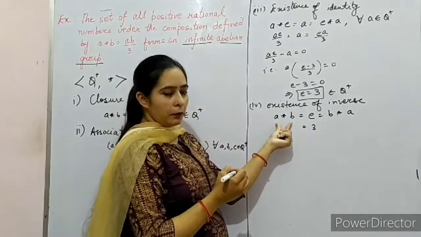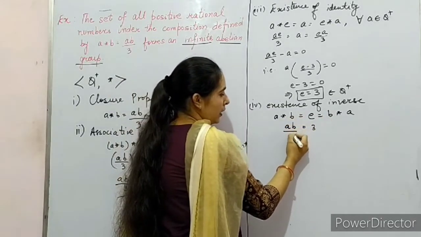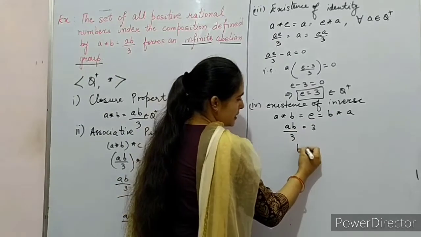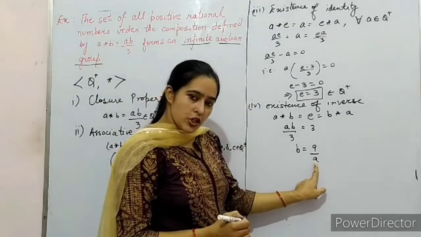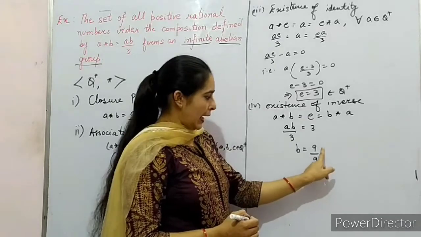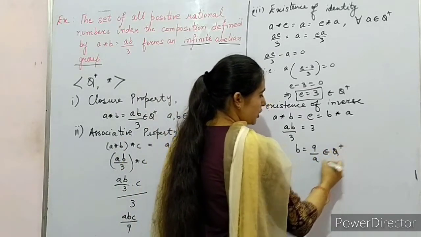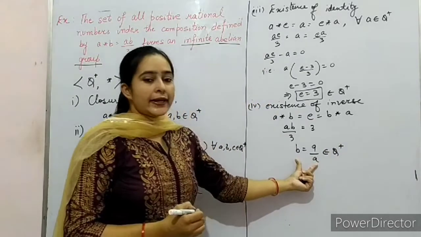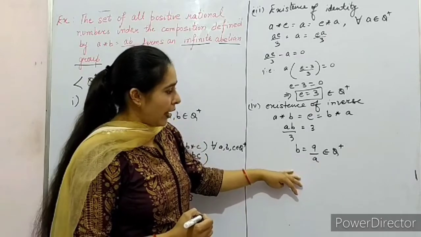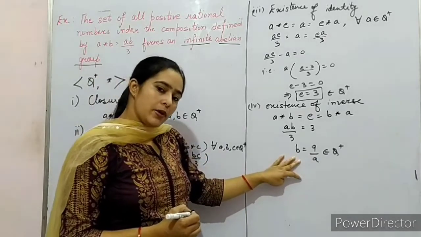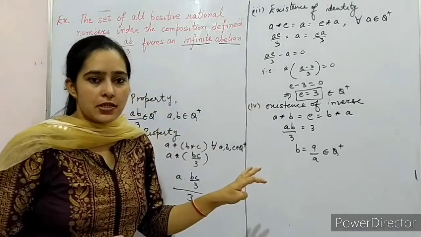Now what is A star B? A star B is AB by 3. So clearly B is equal to 9 upon A, and A is a positive rational number. If you divide 9 by a positive rational number, the answer will be a positive rational number. So you have got the inverse of A, and in this way we can find the inverse of every element A belonging to Q plus. That means all the 4 properties are satisfied.